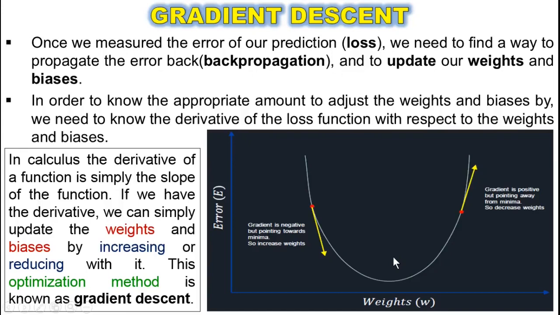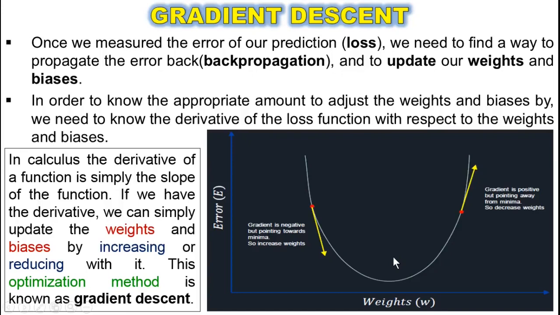In calculus, the derivative of a function is simply the slope of the function. If we have the derivative, we can simply update the weights and biases by increasing or reducing with it. This optimization method is known as gradient descent.